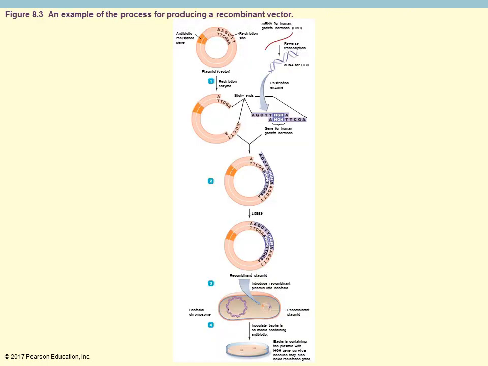Oftentimes it's plasmids. So once again, this is showing just an example of how you're producing a recombinant vector. You have a plasmid, you have your restriction enzyme, you add it, you cut it. You use the same restriction enzyme to cut the cDNA, so that way you have matching sticky ends.